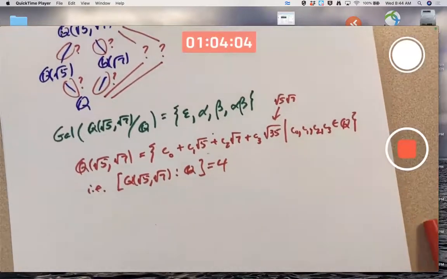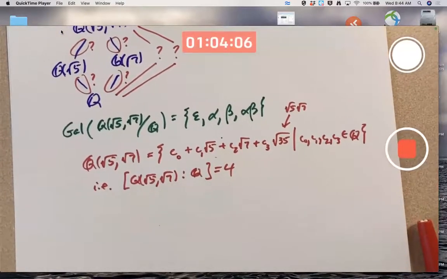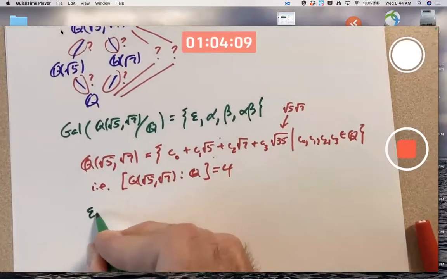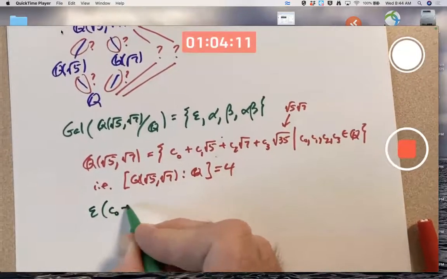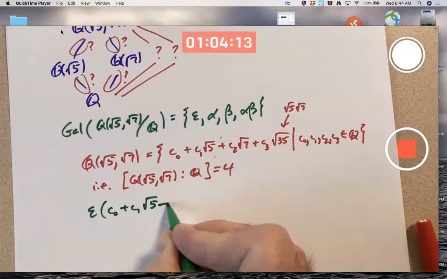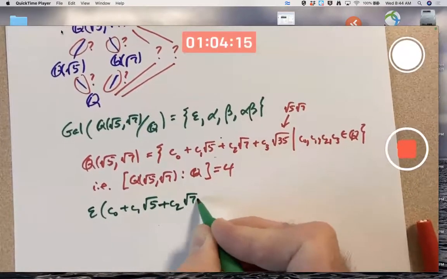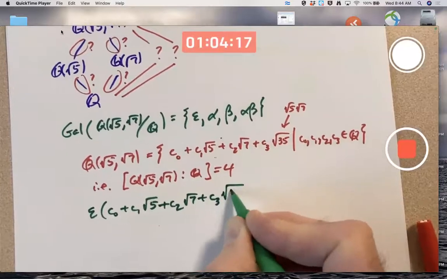Coming back to the Galois group, what are these functions? Well, epsilon is the identity function. It's mapping everything to itself.